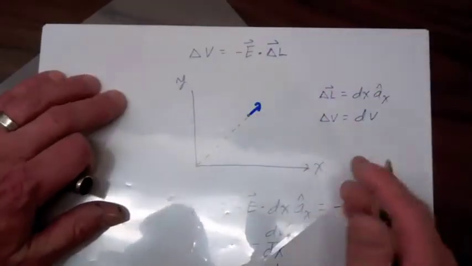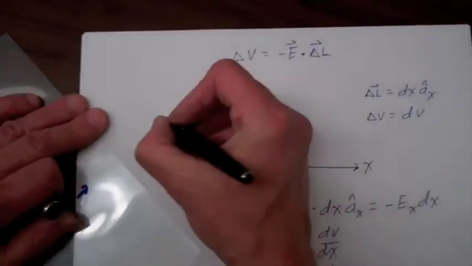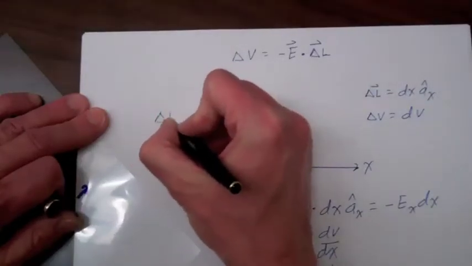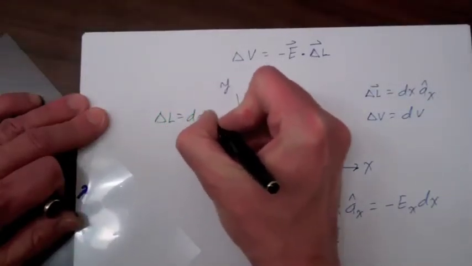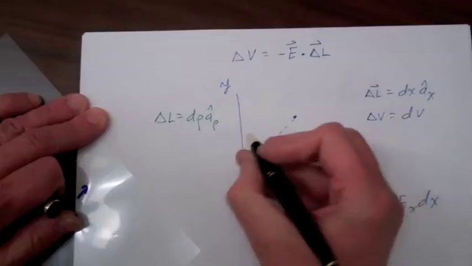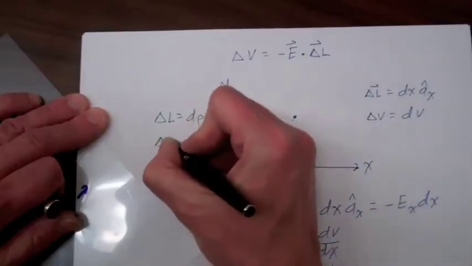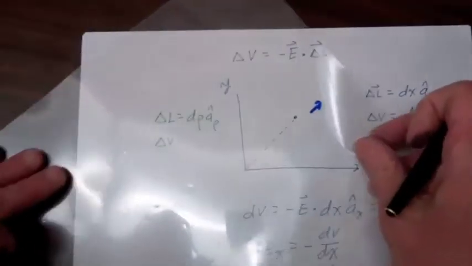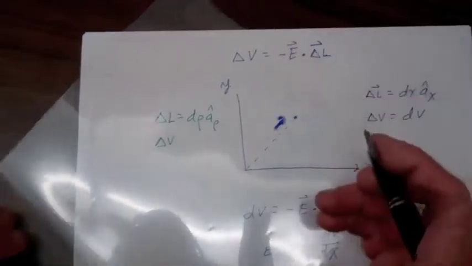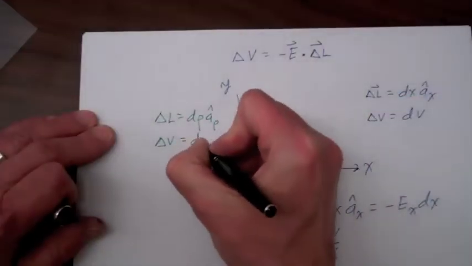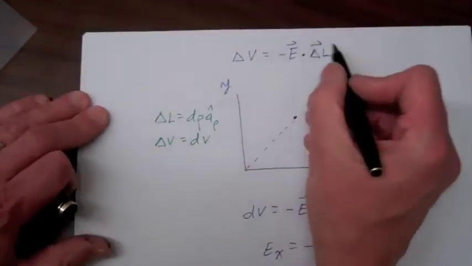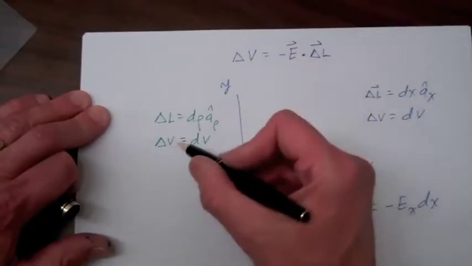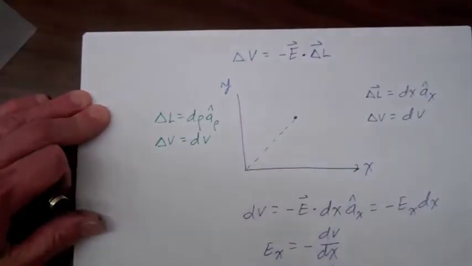So in this case now, delta L is equal to d rho a sub rho, and the voltage drop we measure across our voltage probe is just dV.